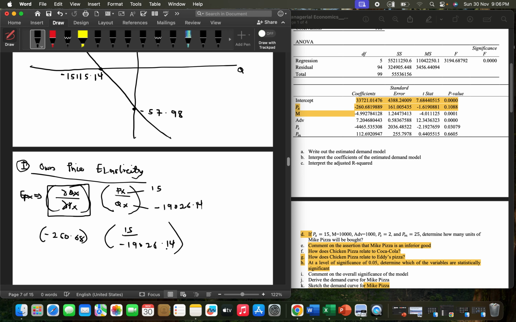So our answer, if we punch it into the calculator, we are going to get 0.21. So if it's less than 1, inelastic. Greater than 1, elastic. Equal to 1, unitary. So this is less than 1. So it's inelastic.